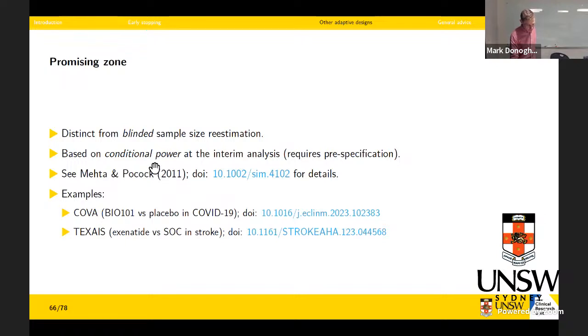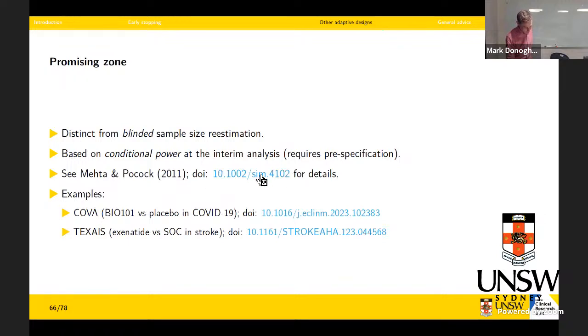And it's based on the conditional power. So this is the probability that you're going to get a significant result by the end of the study. And so what you would typically do is pre-specify some range of conditional powers where you say, if with our current sample size, we've got between like a 50 to 80% chance of reaching significance, we might expand our sample size so that we can push that up to 80 or 90%, rather than just sticking with what we've got.